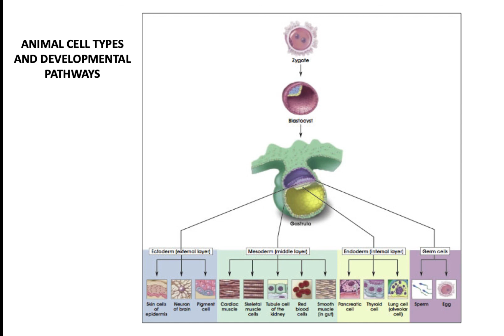And then the mesoderm, which is interaction between those two, those become cardiac muscle, tubule cells, red blood cells, and other types of cells. And then there are sperm and egg cells. These are actually set aside very early during development so that they don't undergo too many cell divisions.